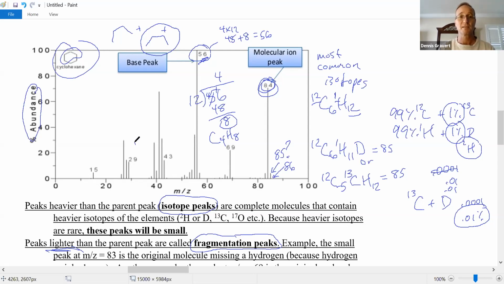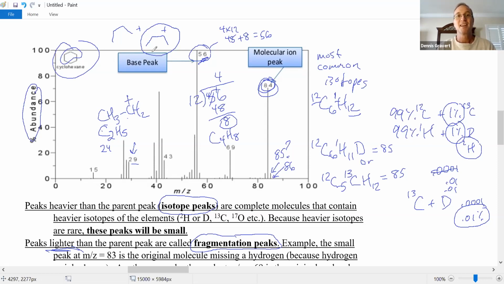Well, 2 carbons with hydrogens make a cation here. That's C2H5. So I did the math earlier. 2 times 12 is 24, plus 5 is 29. Yeah, so here's the other piece. Sometimes when cyclohexane flies through the spectrometer, it splits twice, breaks 2 bonds. So you get a little ethyl cation showing up with mass 29.